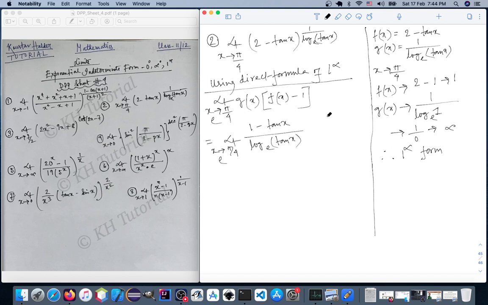Now this limit is of the form 0 by 0. Now we can apply L'Hopital rule and we get minus sec square x divided by (1 by tan x) times sec square x.